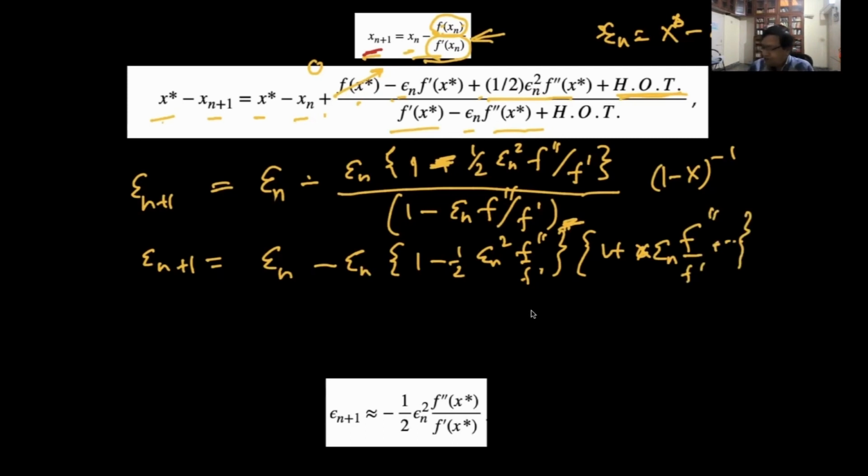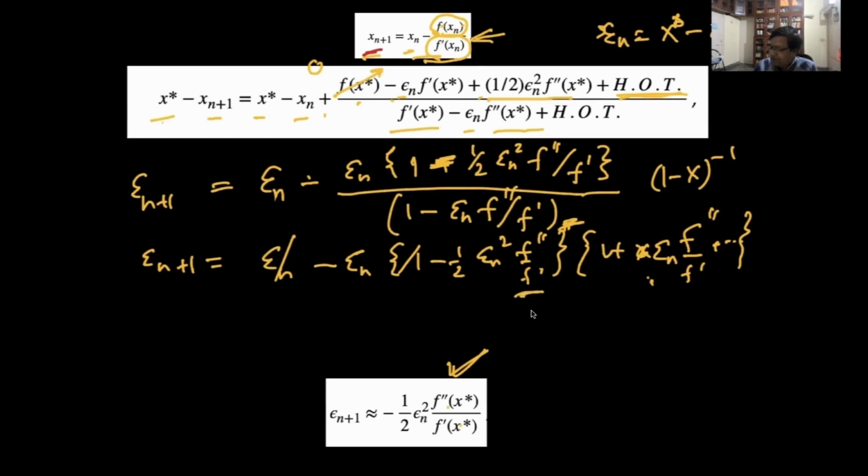Now we just do the expansion first. This will cancel with this, and if you do all the algebra, we'll get this. I'm just skipping the algebra: epsilon n plus 1 is half epsilon n squared f double prime by f prime.